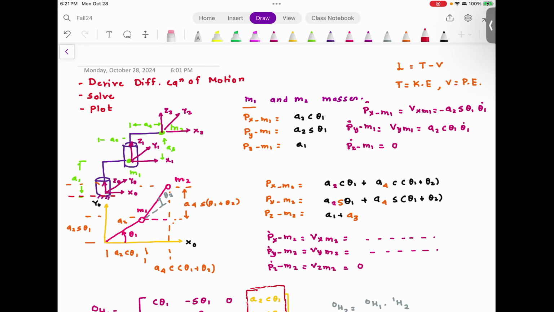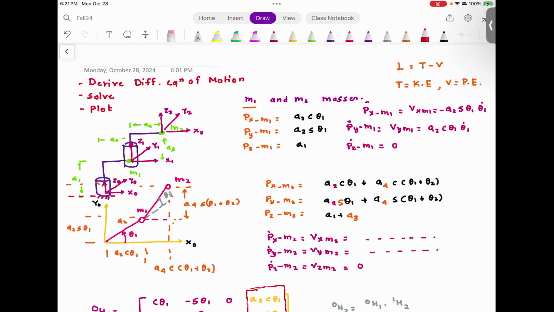Do you agree with me that mass M1 is at location A1, or distance A1? And mass M2 is at the location A1 plus A3. Do you agree with me?